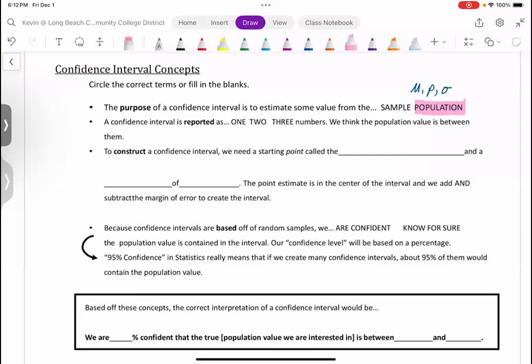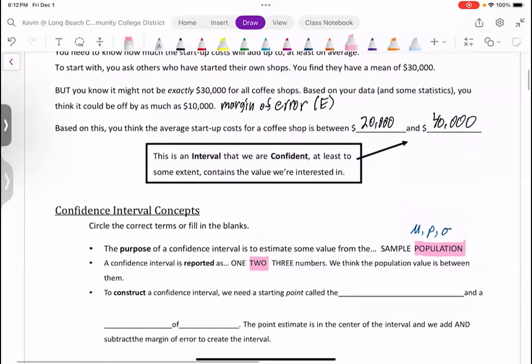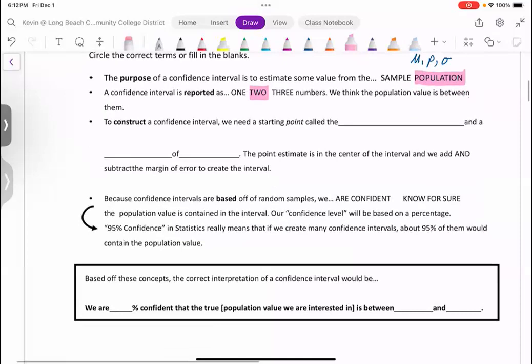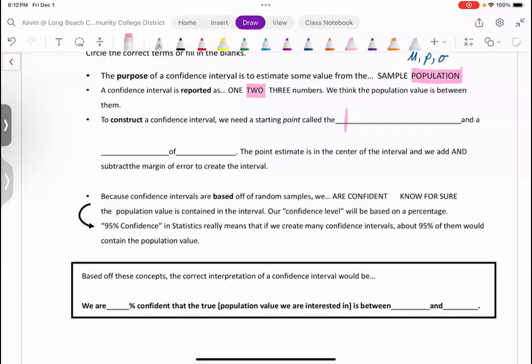A confidence interval is reported as two numbers, just like we had up here, 20,000 to 40,000. We think the population value is between them. To construct a confidence interval, we need a starting point called a point estimate. And for our purposes, that is going to be the sample version of each one.